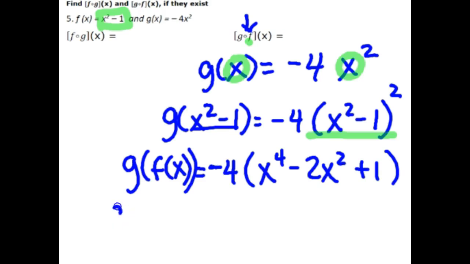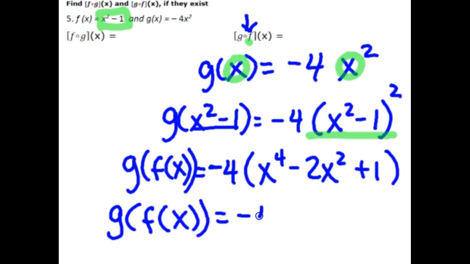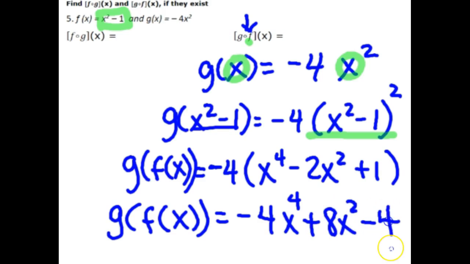So, the final answer is negative 4x to the fourth plus 8x squared minus 4. The final answer is still going to have x's in it, because up here I wasn't given a number to substitute in place of the x.